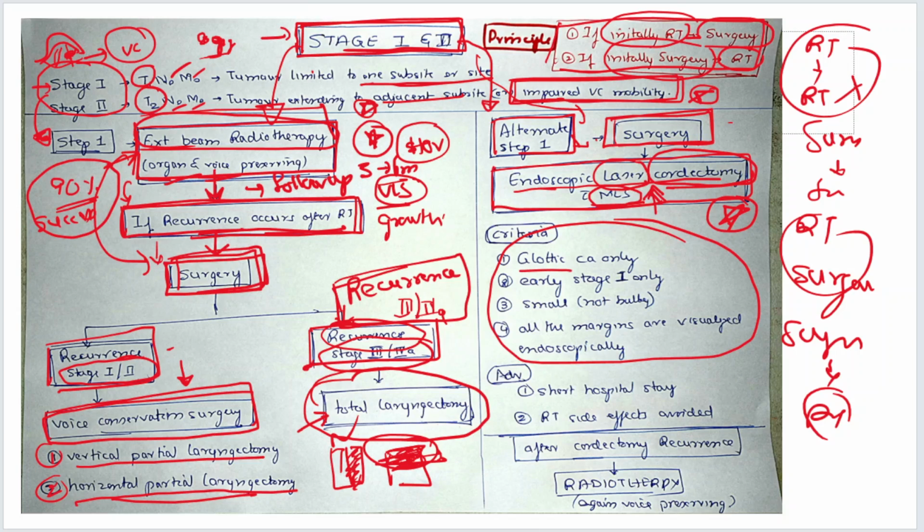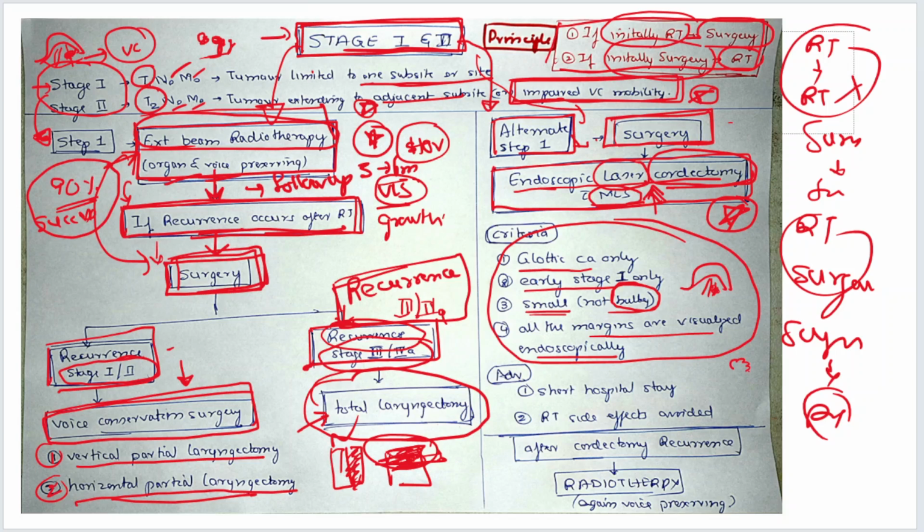Only in glottic carcinoma. Only if it is in early stage 1. Only if the tumor is small and not bulky. Bulky means the laser cannot burn up the entire thing, right? So it has to be small, and all the margins visualized endoscopically. Suppose this is the larynx, and a part of the growth is going into the ventricle, and you cannot see the margins.